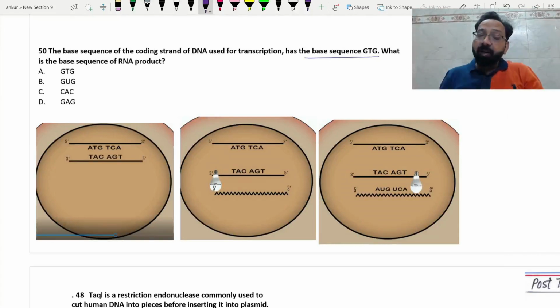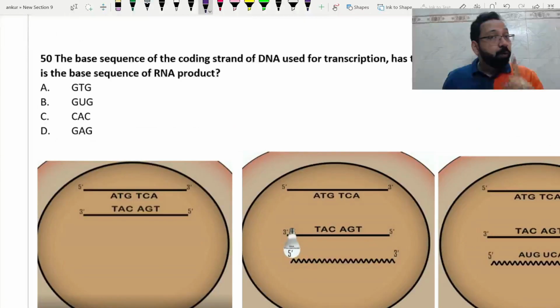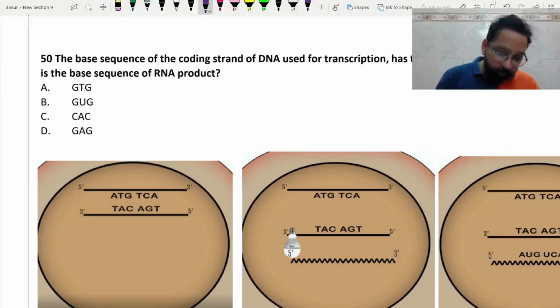Keep in mind the messenger RNA should be just like the coding strand, but in RNA you can't keep T, so it will replace T with U. So messenger RNA is just like the coding strand except T is replaced by U.